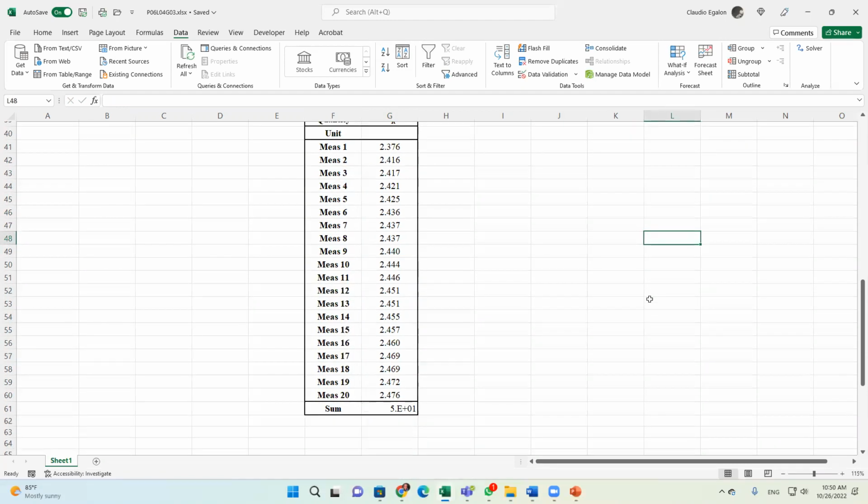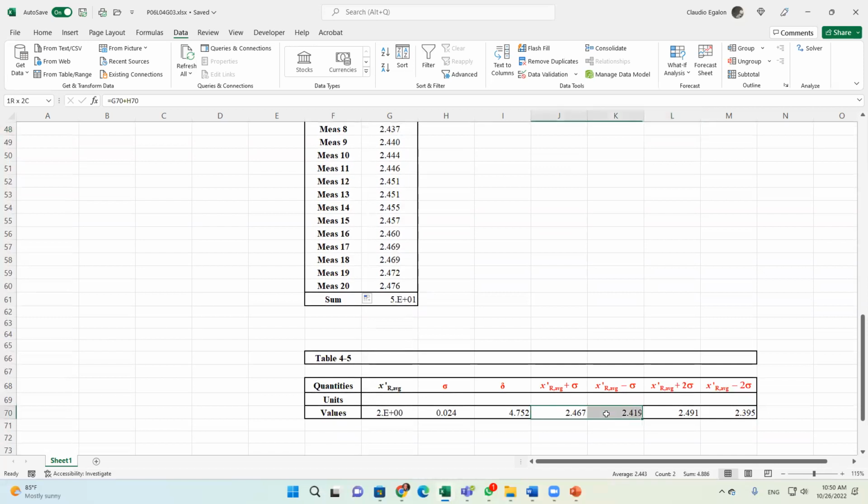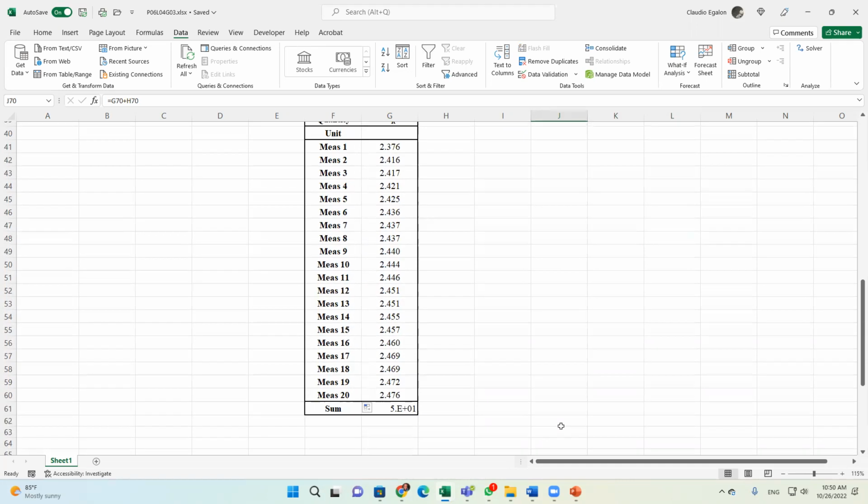And then what are you going to do next? You are going to look at this range of values: the smallest one is 2.419 and the largest one is 2.467, right? And you write that down next to your table. 2.419 is after 2.417, so you write that out here.